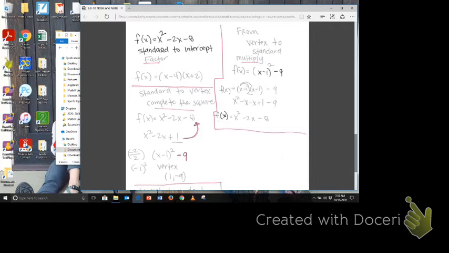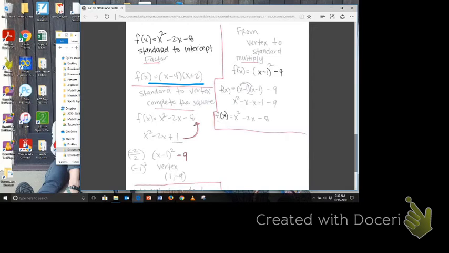The second part of this assignment is how to go from one form to the other form. Okay, so from standard form to intercept form, we factor. So if I factored this problem, I would get this. These are factors.